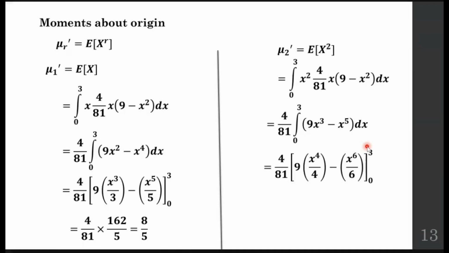Again integrating, applying the upper limit and the lower limit. What is the value of mu2 dash? Three. Okay.